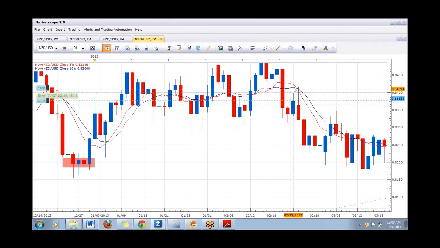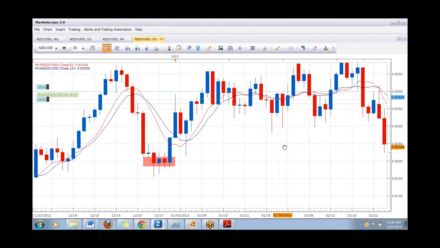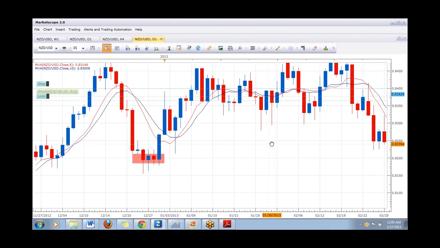A moving average is mainly an equilibrium between supply and demand. Equilibrium means it's a 50-50, hence the terminology averaging. So when the price is below the 8 or 10, it's in a downtrend, right?